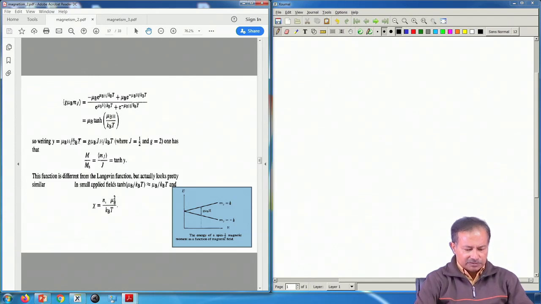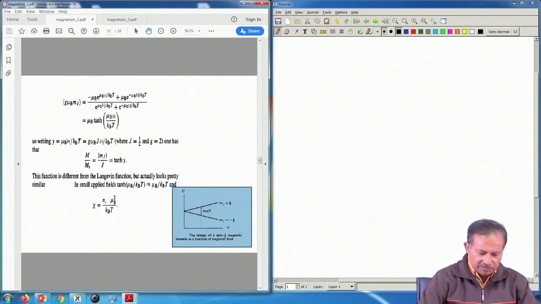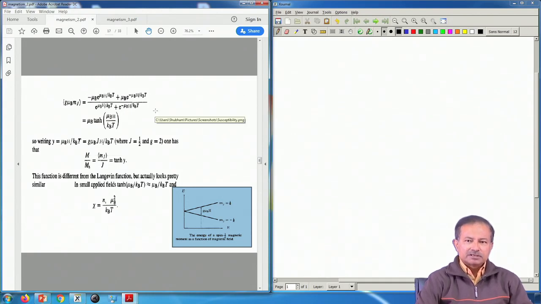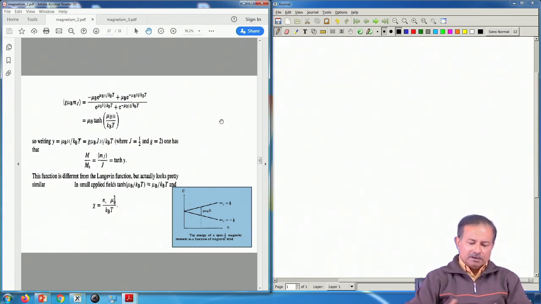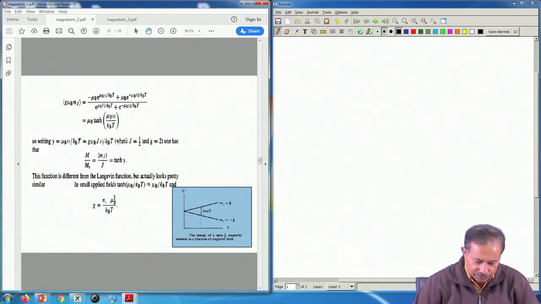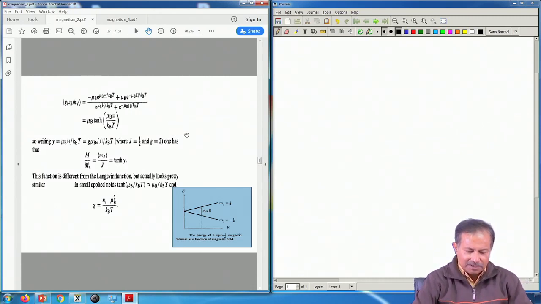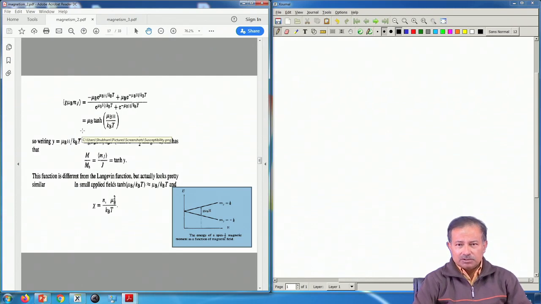Now, this quantity requires some attention, because mu b h, even for a Tesla field and for j equal to half, for an electron, for 1 Tesla field is about less than a degree Kelvin, 0.6, 0.7 degree Kelvin, and therefore that is far less than the temperatures that we usually discuss, unless of course kBT is exceedingly small, millikelvin or some such number.